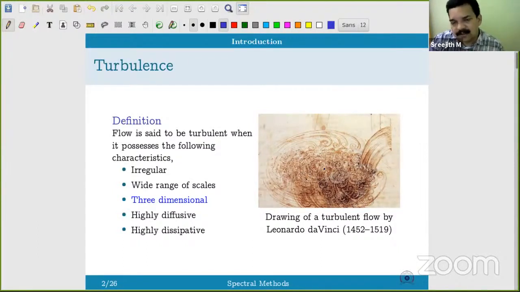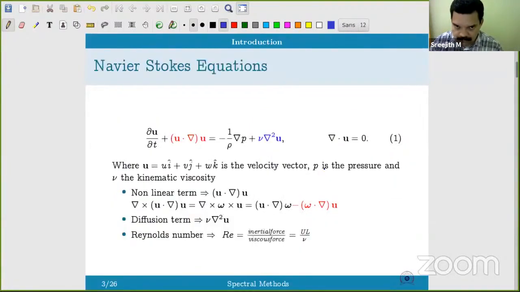All fluid flow problems can be mathematically modeled using an equation, the so-called Navier-Stokes equation. Even though the turbulence problem is unpredictable, we can mathematically model these flows using this equation.